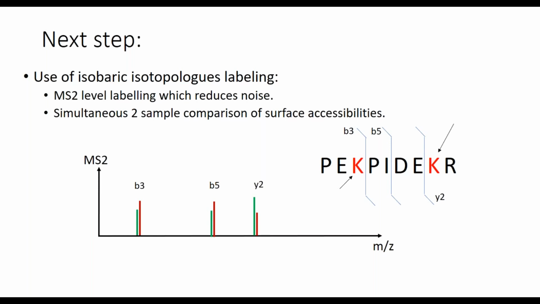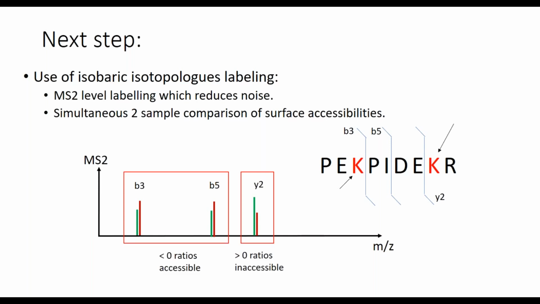But now we have MS2 ratios, meaning that we have a ratio per series of the MS2 peaks. So there are some cases in which, if we analyze properly the data, we are going to have information about the sites separately, so we can distinguish each site in a single peptide.